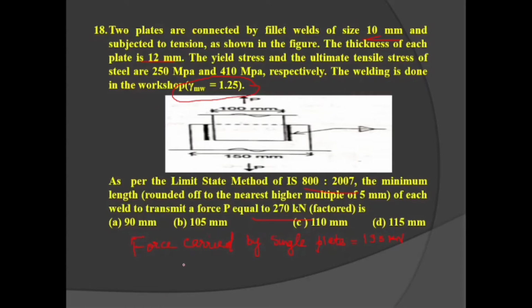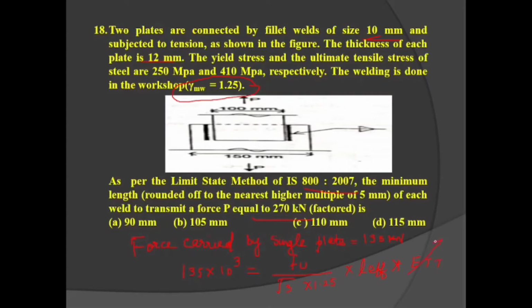So 135 into 10 to the power 3 is equal to the force calculated, since the limit states method is used, Fu divided by root 3 (von Mises, Henkai theory, distortion energy theory), into 1.25, into L effective, into the effective throat thickness, that is ETT.